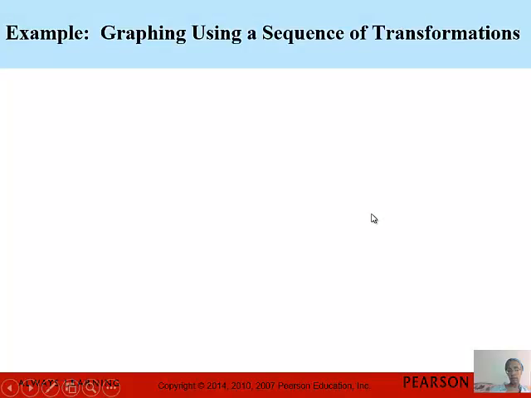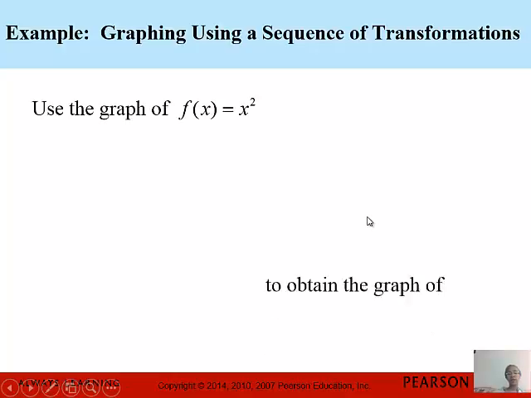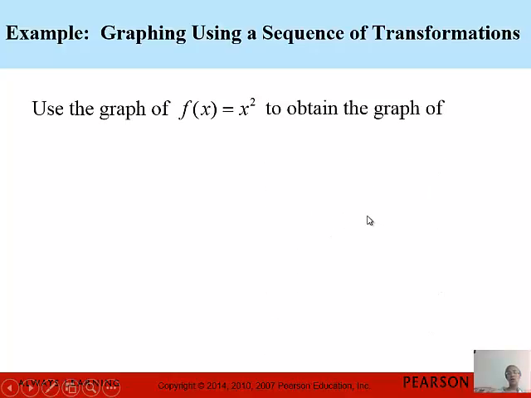So let's look at using a sequence of transformations where we start with our standard x squared, and we want to obtain the graph of g of x equals negative 1/2 times the square of x plus 1, minus 2.